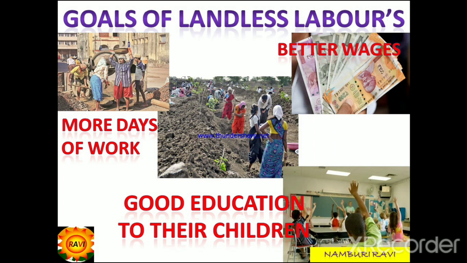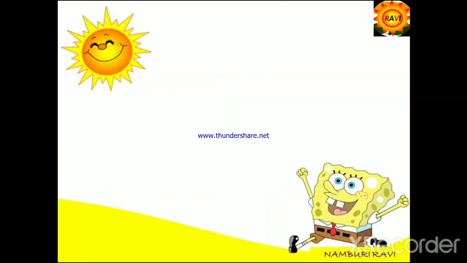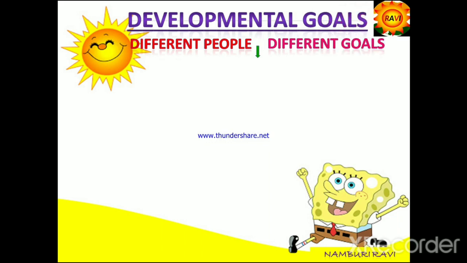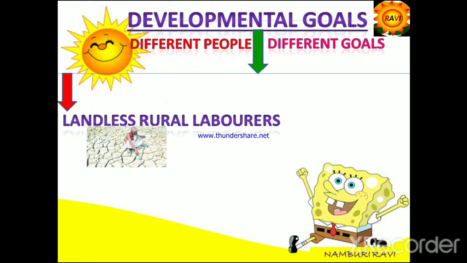So we are able to understand that the developmental goals of a farmer are different from the developmental goals of a landless laborer. Now we can compare these two from this screen. Here the developmental goals of a farmer we have already learned, and the developmental goals of a landless laborer also.